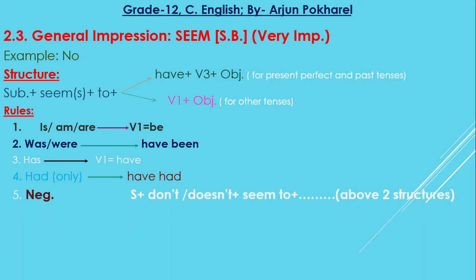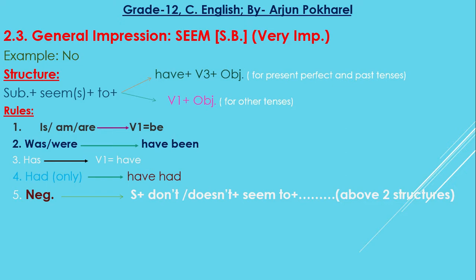In the same way, the negative form of the same structure is subject plus don't or doesn't plus seem to. If the subject is singular, you have to use doesn't. If the subject is plural, you have to use don't for the negative structure.